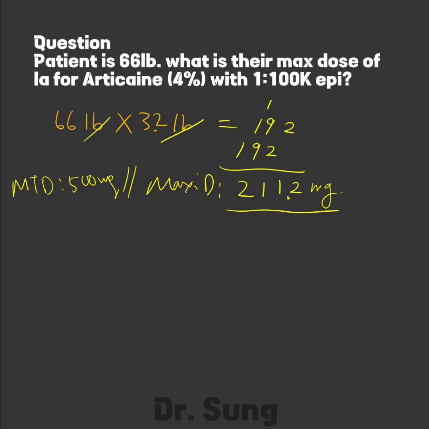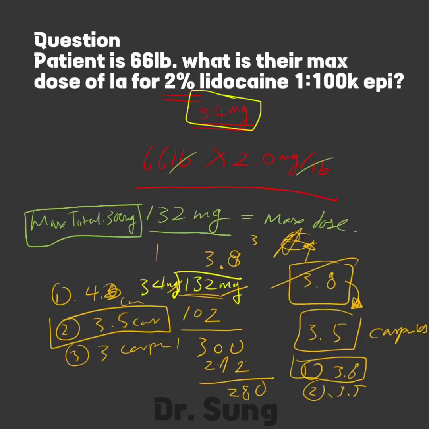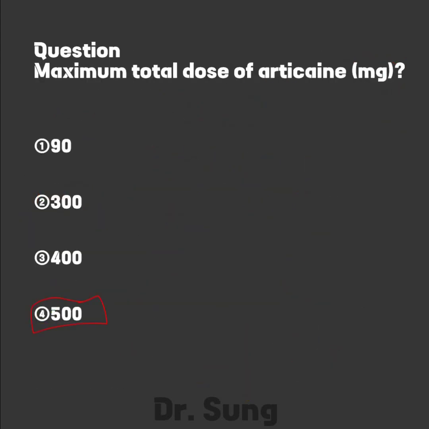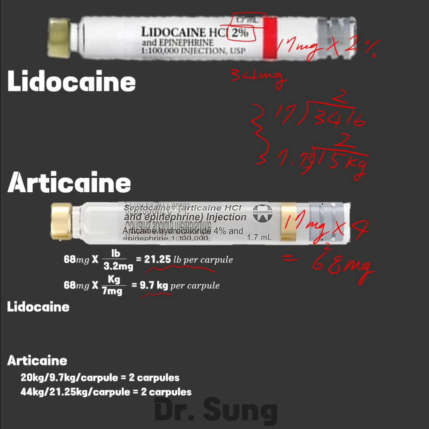So here, if you want to calculate how many carpules you can give, how many can we give? 68 milligram is in how many carpules? Yes, 1 carpule. So as I explained to you here, do you remember this?